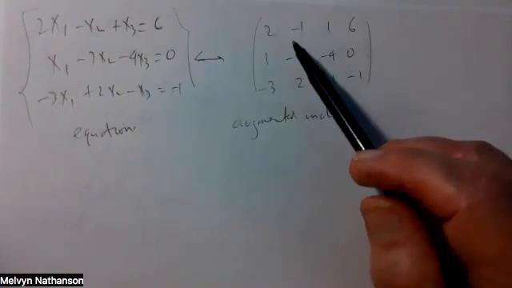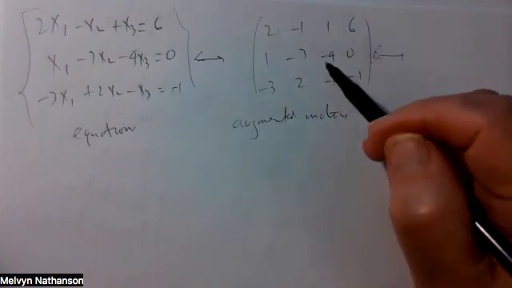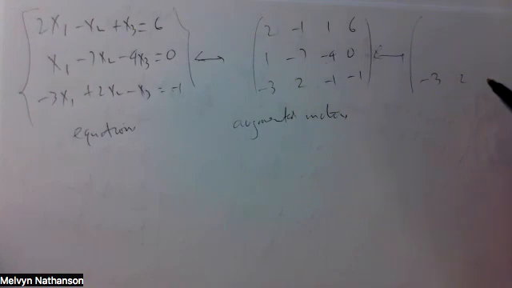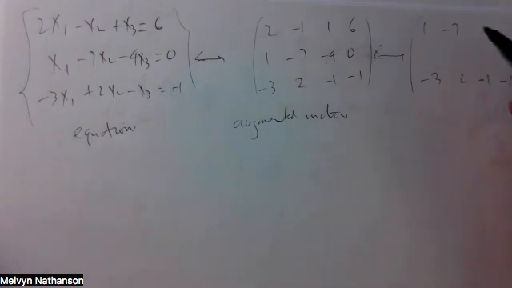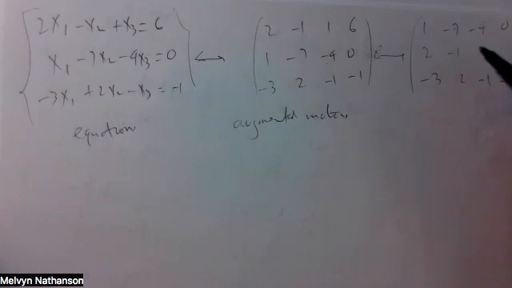So let's see. Here's our first matrix. Maybe to get a 1 here, I could multiply the first row by a half, but it's simpler just to interchange rows 1 and 2. So minus 3, 2, minus 1 doesn't change. The second row I make the first row, and the first row I make the second row.